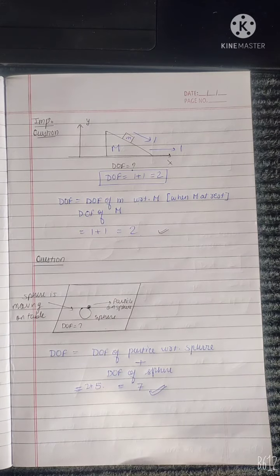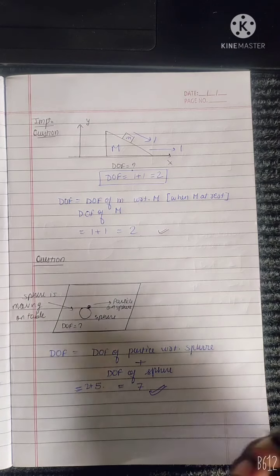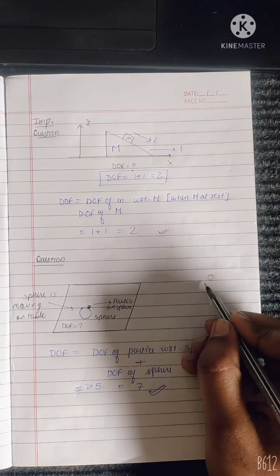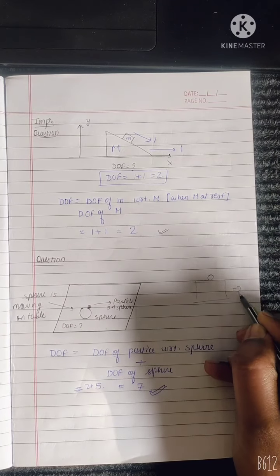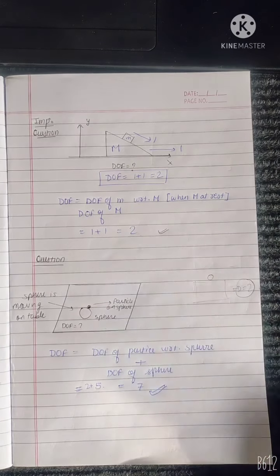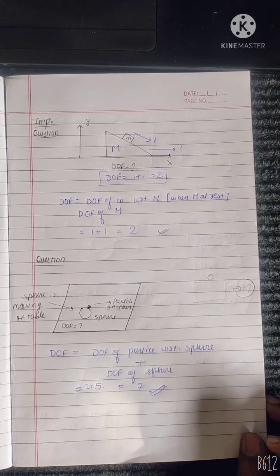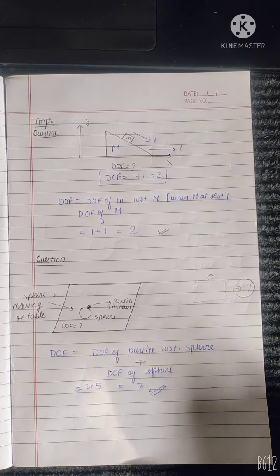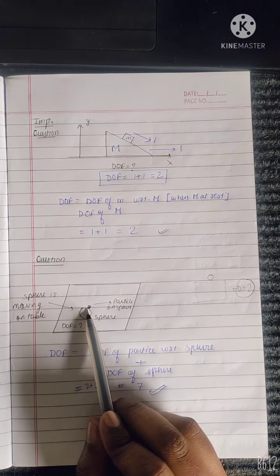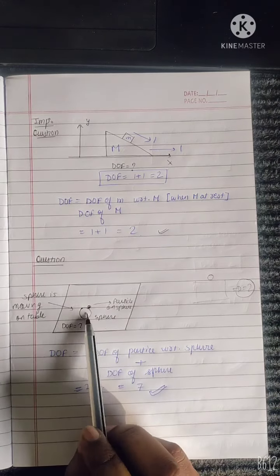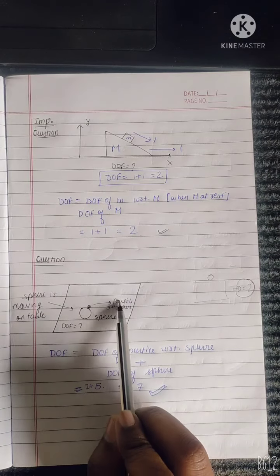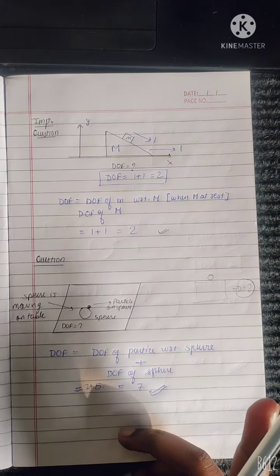In the last lecture, the very last topic we covered was that if a particle moves on a predefined surface, its dimension will be 2. So its degree of freedom will be 2. So the degree of freedom for the particle on the sphere will be 2, correct?